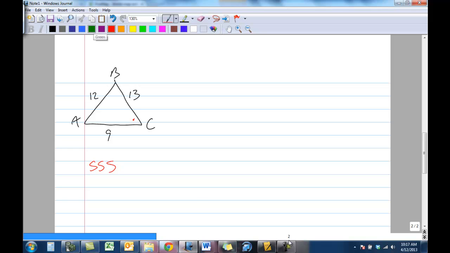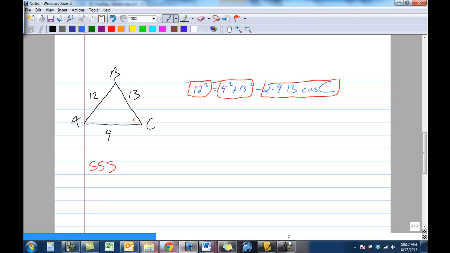So the C formula is side C, 12 squared equals the other two sides, 9 squared plus 13 squared, minus 2 times 9 times 13 times the cosine of C. We have to find angle C. Now remember, this is where it's broken up in the three parts. There's the left side squared. There's the multiplication part, and there's the addition part.